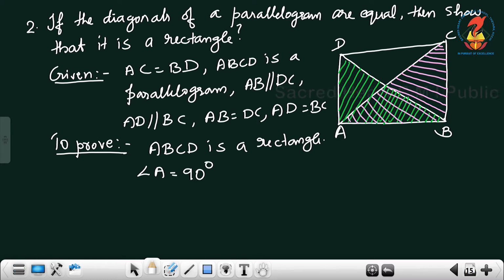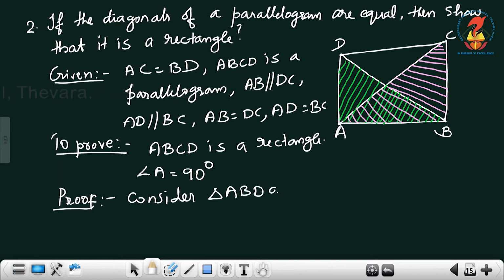How can you prove this? Okay, proof. First consider two triangles, triangle ABD and triangle BAC. Consider triangle ABD: AB equal to BA, common.